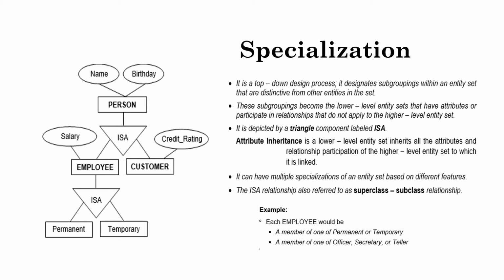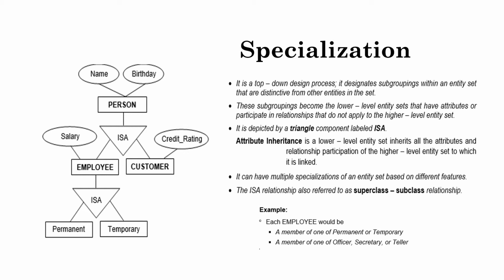So it can have multiple specializations over the entity set based on different features. The ISA relationship is referred to as the superclass or subclass relationship. In this example, each employee would be a member of one, permanent or temporary.